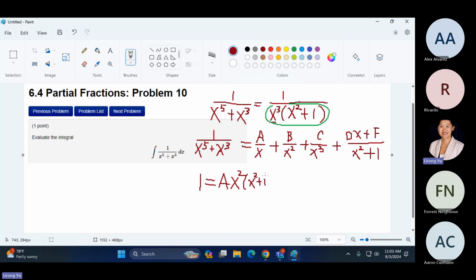That's the first term. Second term, if you multiply by the green term, the x squared will cancel the x cubed, and then you have 1 x left. So you have bx. You have the x squared plus 1 multiplied. All right, the c. X cubed will cancel the x cubed. So for c, we will multiply x squared plus 1.